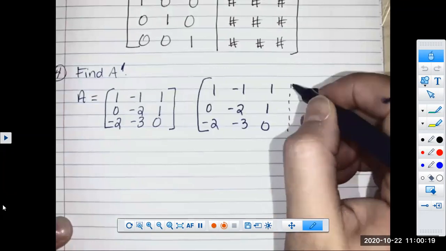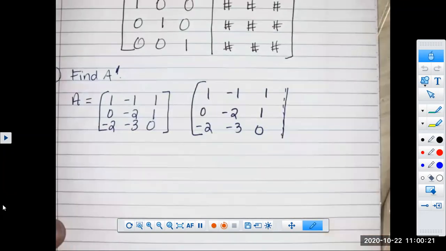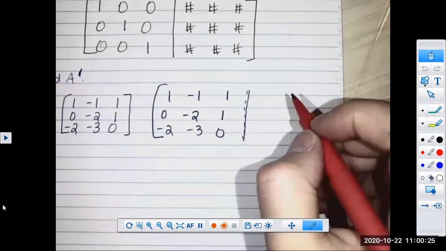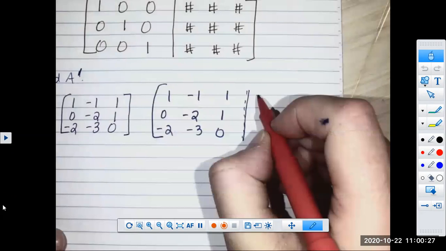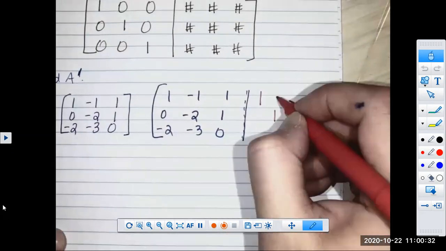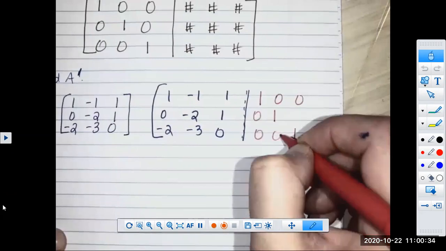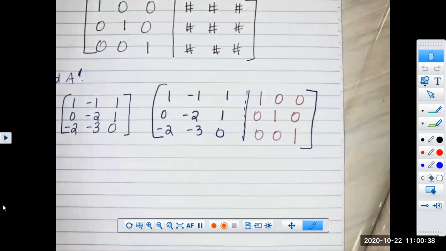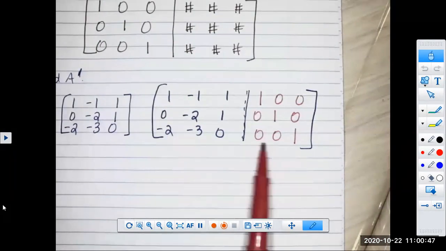On this right side, you fill in the identity matrix for a 3x3, so I'm putting ones along that diagonal. Essentially what we're working with all the way through this problem is a 3x6 matrix.